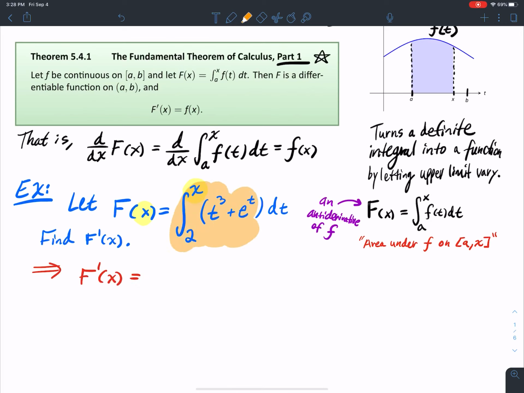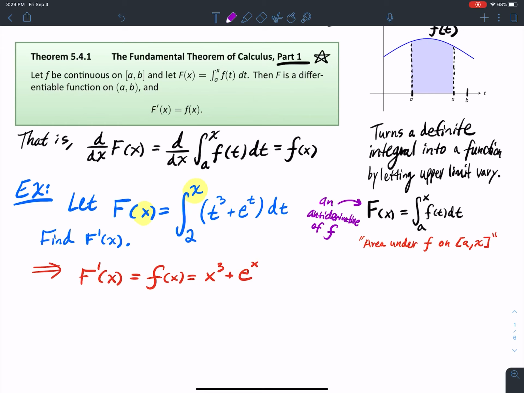Remember, the fundamental theorem of calculus says the derivative of the antiderivative is just the integrand evaluated at x. So I'll literally take my function here, and everywhere I see a t, that's my dummy variable, I'm going to plug in that variable x. So instead of t cubed, it's going to be x cubed, and instead of e to the t, it's e to the x. And that's my answer. How easy is that, right?